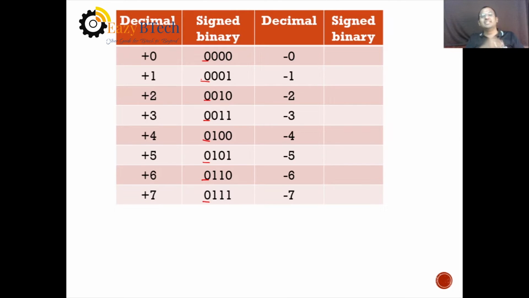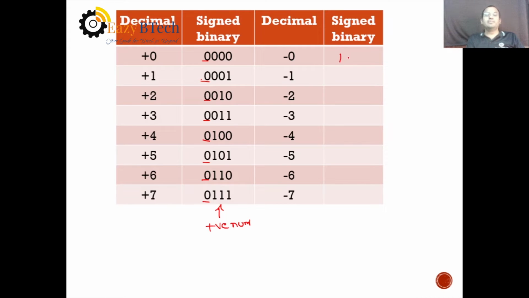Now we will see how to represent the negative numbers. In signed magnitude representation, if the number is negative, we represent the MSB bit as 1 and the remaining bits indicate the magnitude. In the positive numbers, the MSB bit is 0. For negative numbers, the MSB is 1.